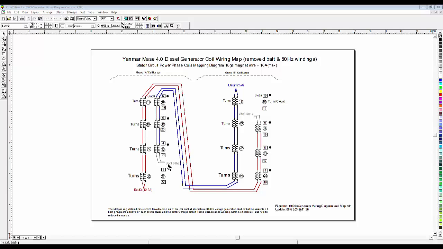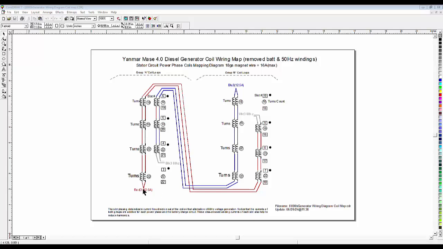So what I want to point out here is that these 2 phases, the red phase and blue phase, are in phase. The voltage generated by these 7 coils, these 4 and these 3, plus these 3 and these 4, generates the same voltage, 120 volts AC, and they're in phase. What's different is that we connect to opposite ends.